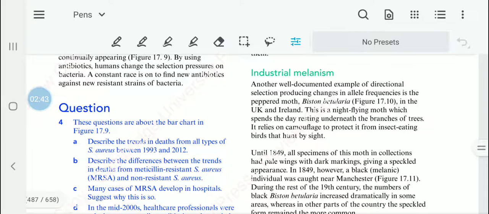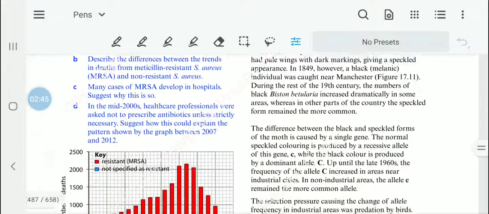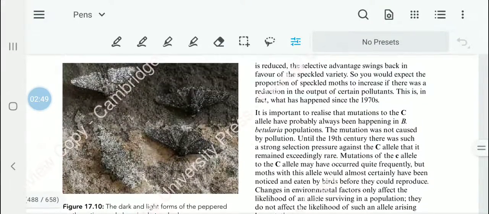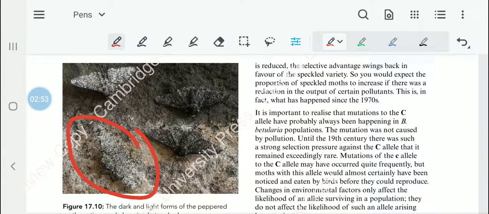This is a peppered moth, a moth that looks like this, as you can see in this image here. This is the kind of moth that existed earlier. These moths rested on bark which is light colored, light forms of the peppered moth.